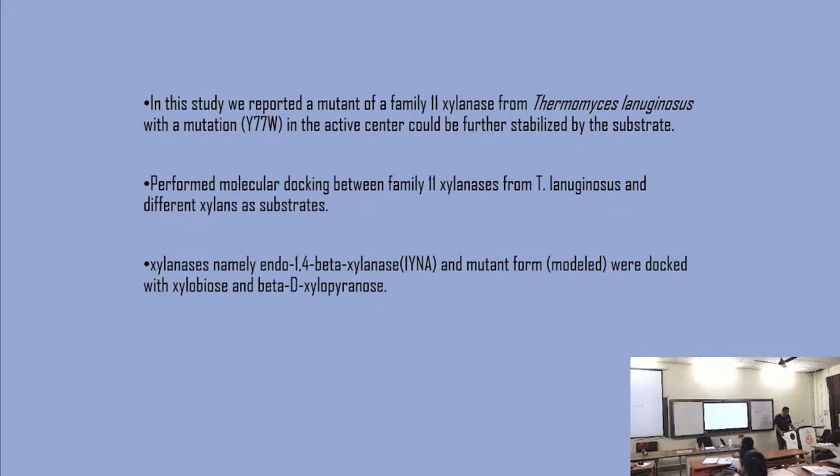How we came with this idea is that during the wet lab study, we noticed that the xylanase which we are working with is not very useful for the pulp and paper industry. So how to improve its capability, substrate binding capacity and all that.